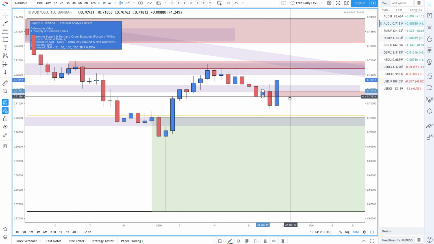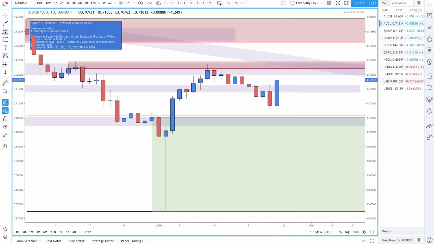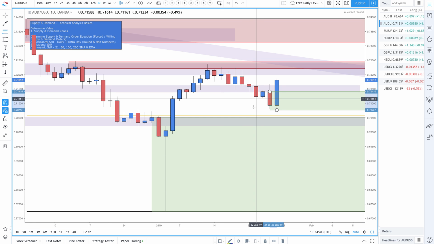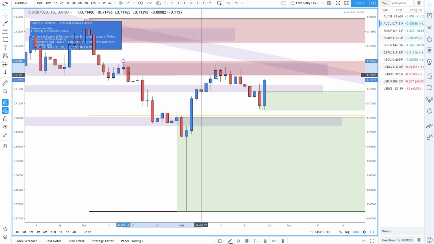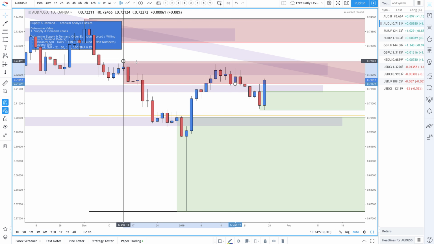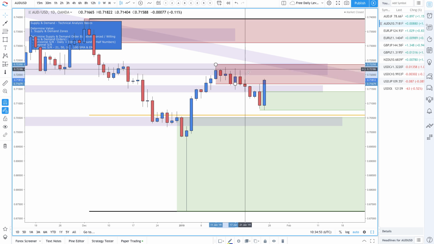So what we're going to do is put this as a level of demand right here. We can extend, and I want to extend probably this level down to around here, supply zone.